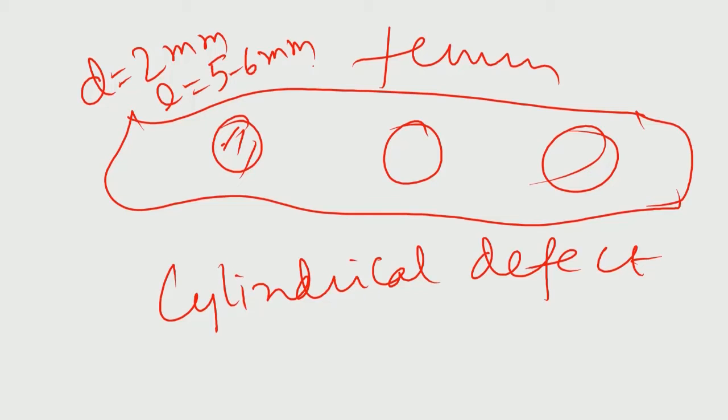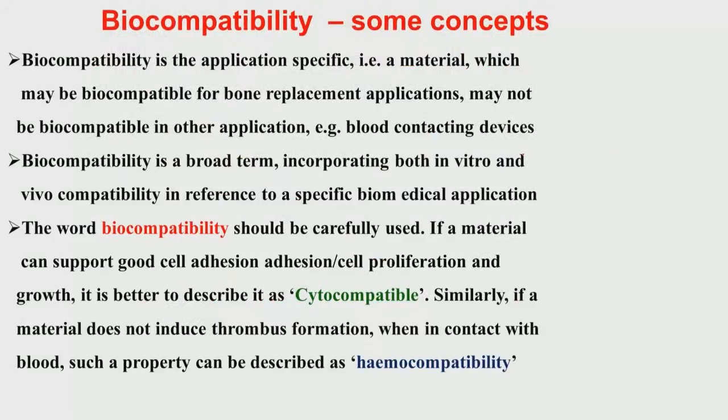Then you see how bone regeneration takes place around this cylindrical defect, and how long it takes to heal this kind of bone defect. That is the whole gamut of the host response in this particular defect model.